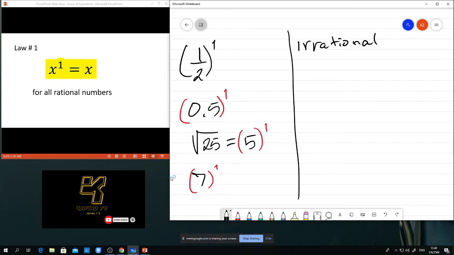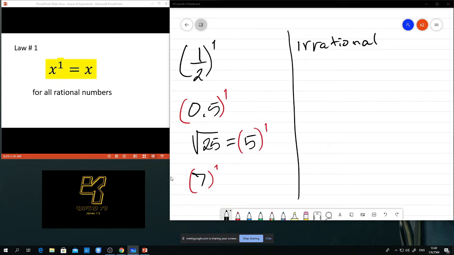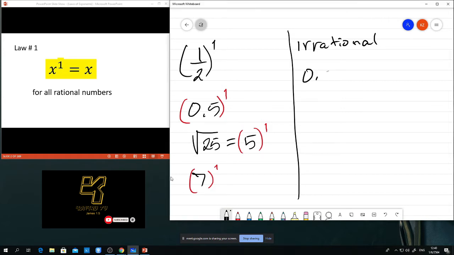numbers are the numbers that cannot be written as a fraction. For example, 0.583000811 and unending numbers. It means this one cannot be written as a fraction. That's why it is an irrational number.